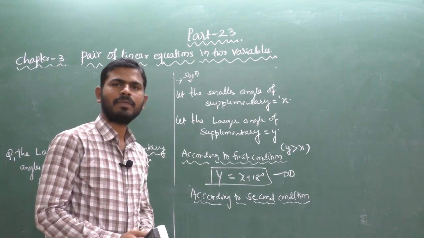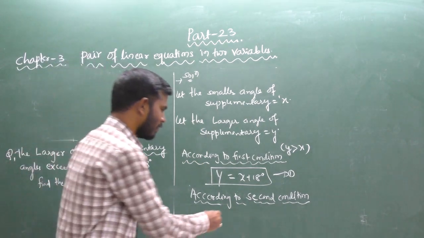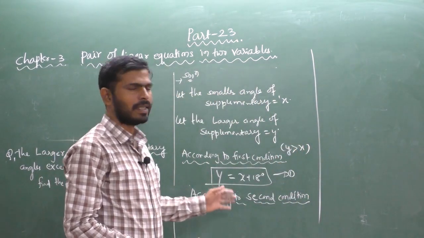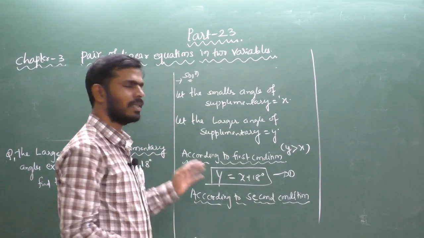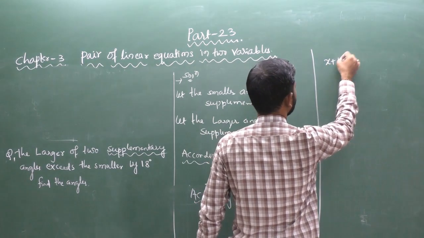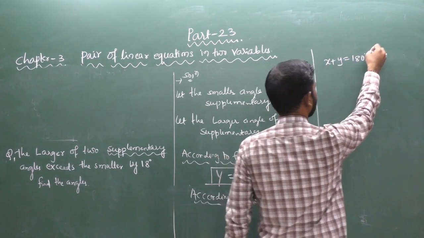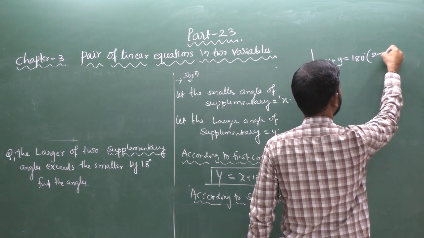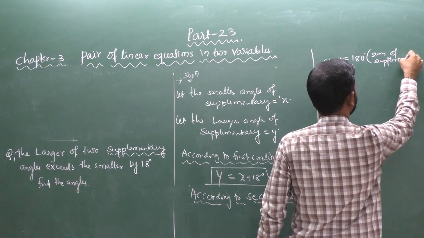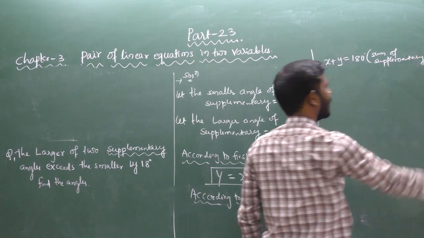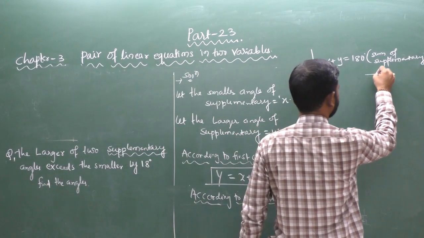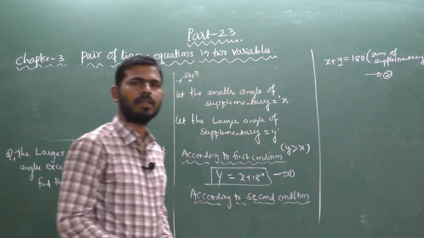What is the property of supplementary angles? The sum of two angles equals 180 degrees. If complementary were given, the sum of two angles would equal 90 degrees. So you can write here x plus y equals 180 degrees. Reason: the sum of supplementary angles is 180 degrees. So this is equation number 2.